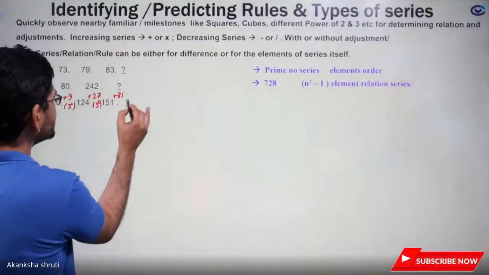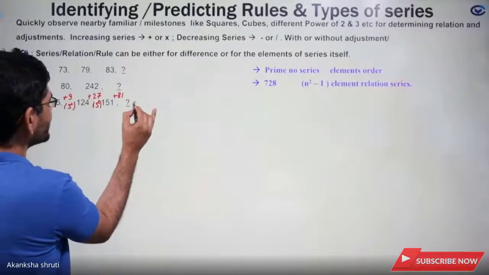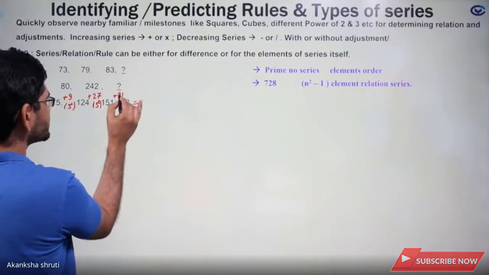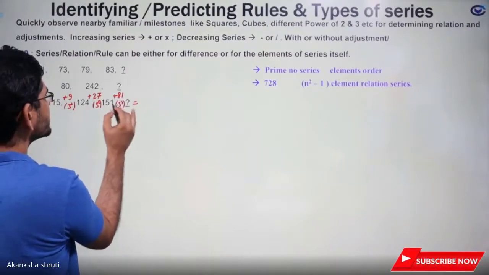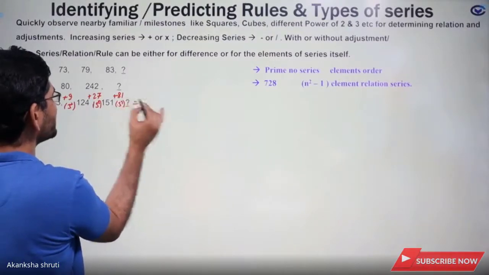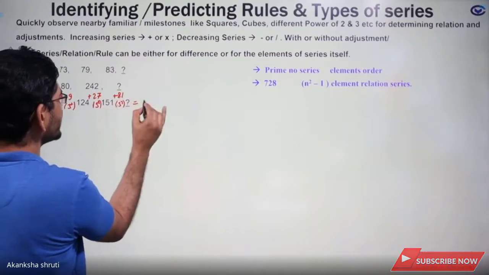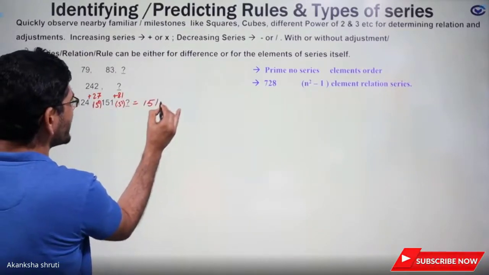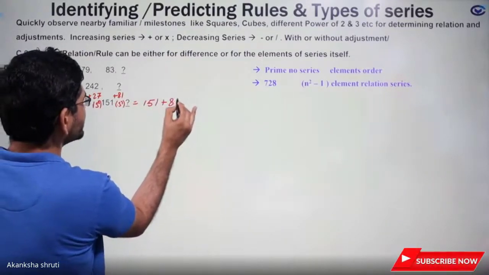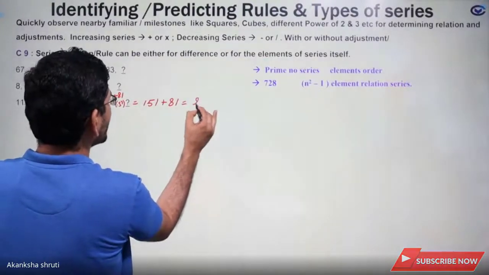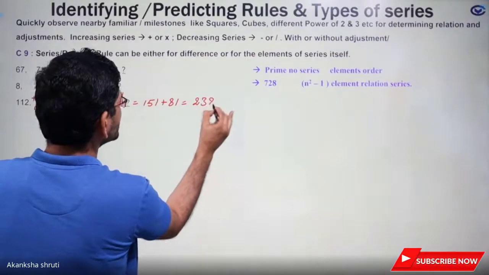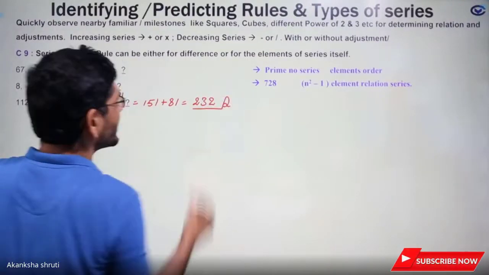Why this 81? This is our 3 to the power 4, students. So the next term can be determined by adding 81 to this 151. So 151 plus 81 will be 232. This is the required answer.